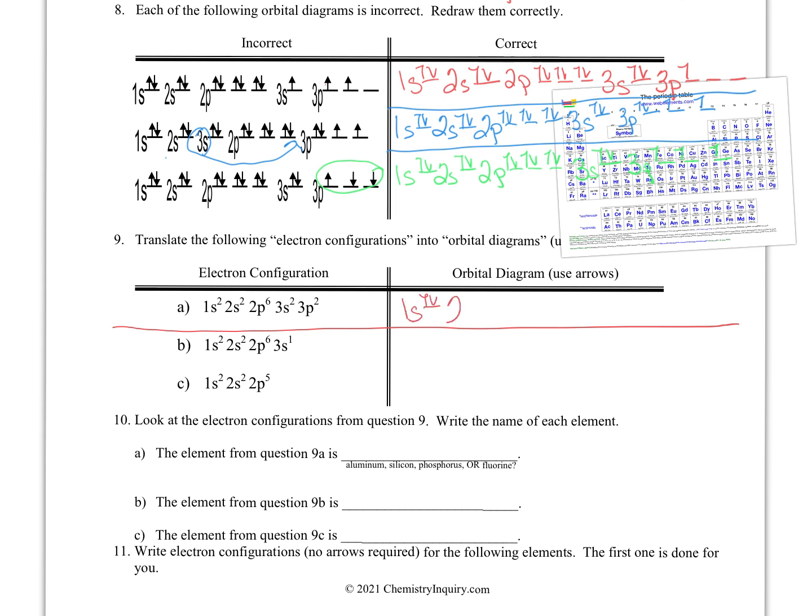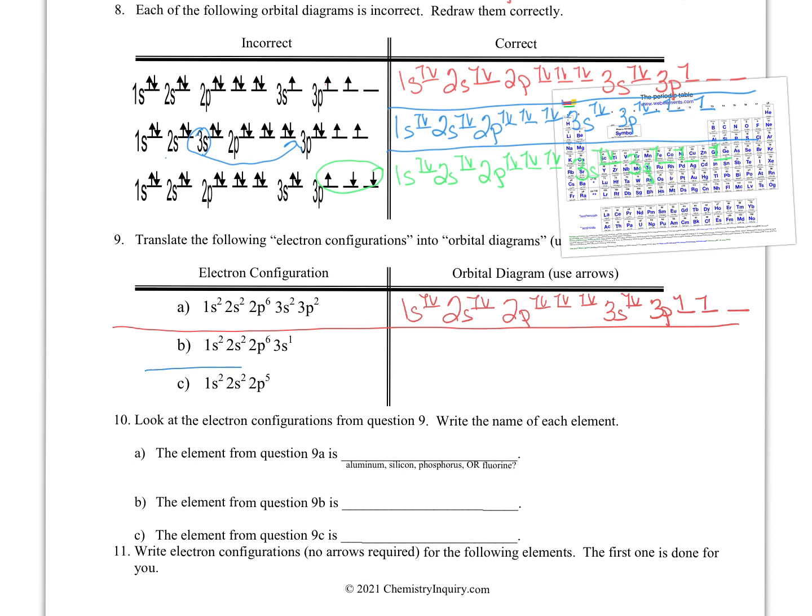And then 2s, 1 orbital, 2 electrons. 2p, 3 orbitals, 6 electrons. And then 3s, 1 orbital, 2 electrons. And 3p has 2 electrons, so we still draw the 3 orbitals. And then this is where we need to make sure we follow the rules. Just separate the electrons and make sure they're pointing up.